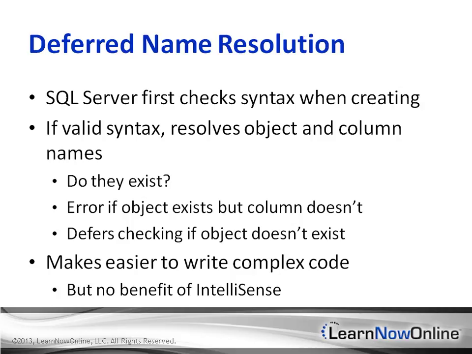And as a practical matter, even with the improvements in SQL Server 2012, IntelliSense can be kind of flaky in terms of picking up new objects that are available. So it may take a while before it sees that you've created a new object. So you may get red squiggly lines even though that object exists. So be aware of deferred name resolution. You can write code against non-existent objects.